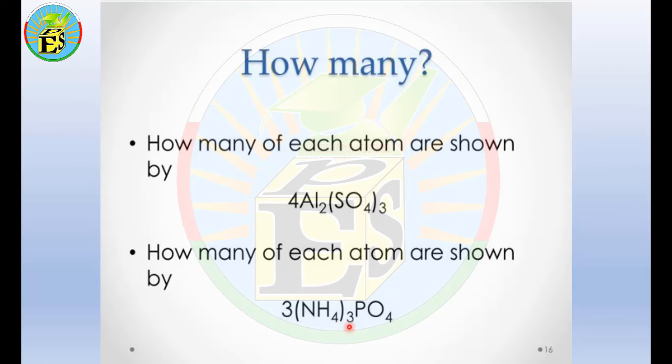I will multiply 3 by 4 by 3 equals 36 hydrogen atoms, and 3 by 1 by 3 equals 9 nitrogen atoms, and for oxygen I will multiply 4 by 3 and 1 by 3 and so on.